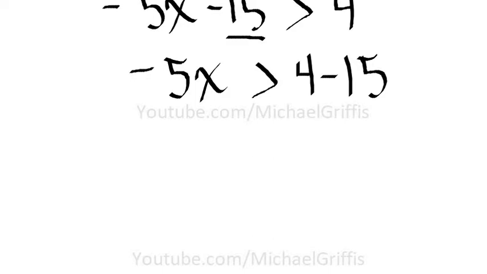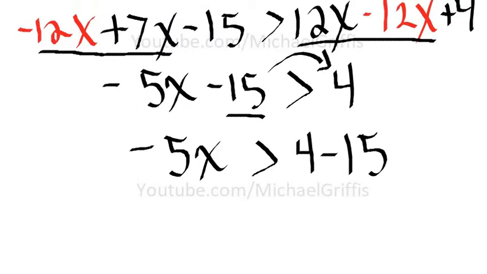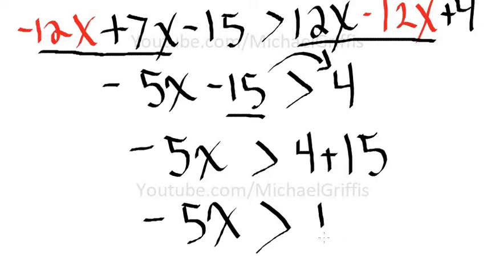And rewriting again, we have negative 5x is greater than, so 4 minus 15, or wait a minute, that's a plus. Whoa. So when we moved, we added 15 to both sides. Okay, that makes that a 19.